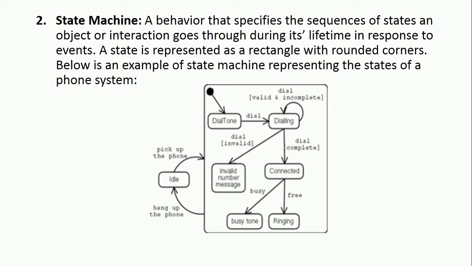After the conversation is over, we hang up the phone, then the phone system will be in the idle state, and after that we pick up the phone. If we want another conversation, again pick up the phone. So this is the process of connecting the phone call, and in this diagram the behavior of the system is represented.